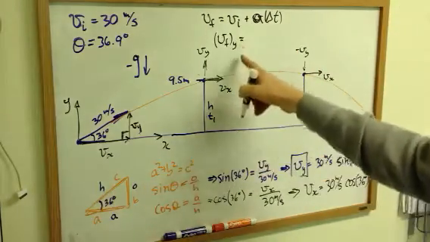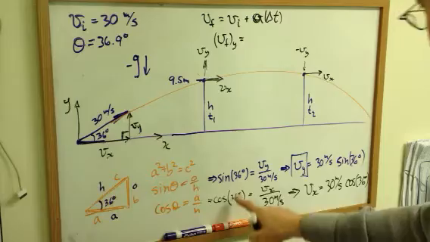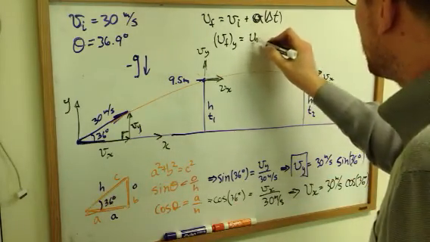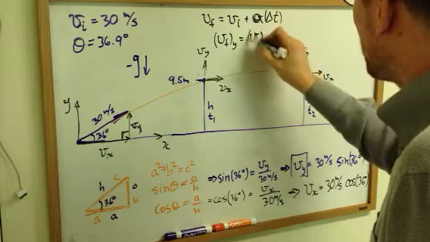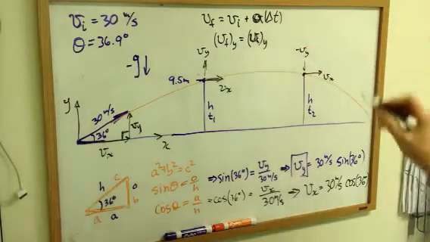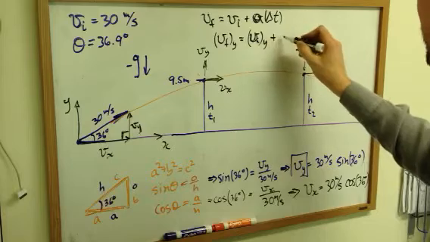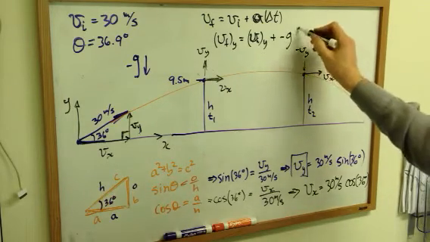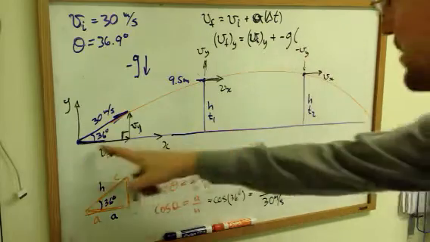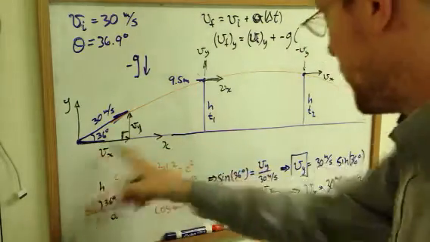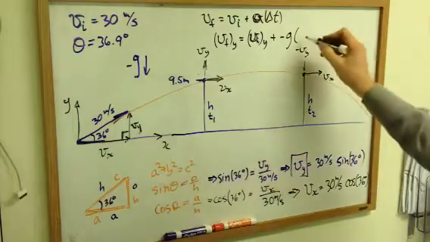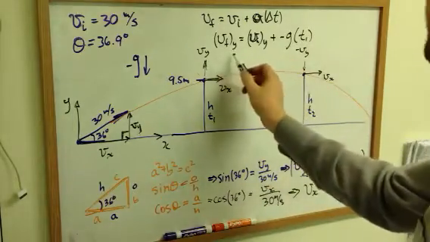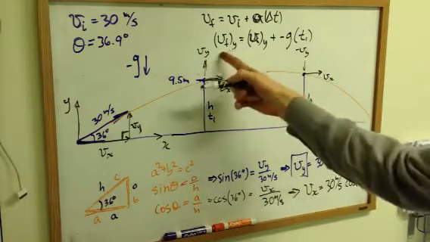Our initial velocity we've calculated here, so that's our initial velocity in the y direction. We know that already. Our acceleration is negative g, and our time from t1 to 0, delta t, is just t1, which you've already calculated. Punch that in, and you'll be able to calculate this velocity.